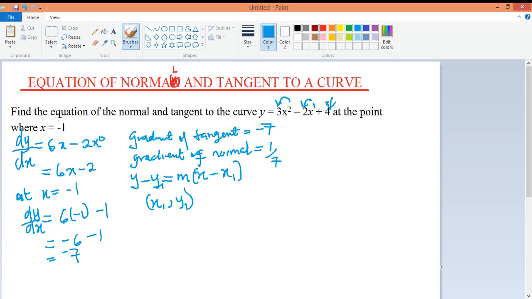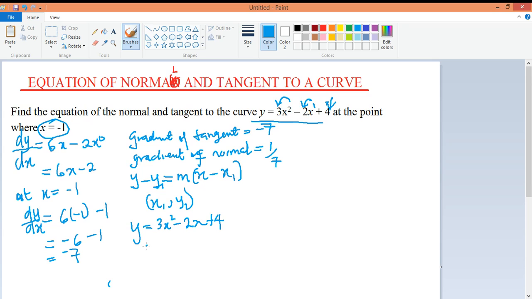We've been given the x coordinate here, at x is equal to negative 1. So we need to find the corresponding y value by using the equation that has been given. Let me write the equation again: y is equal to 3x squared minus 2x plus 4.